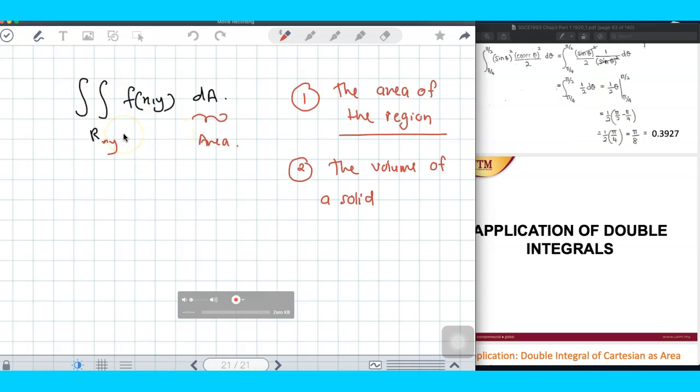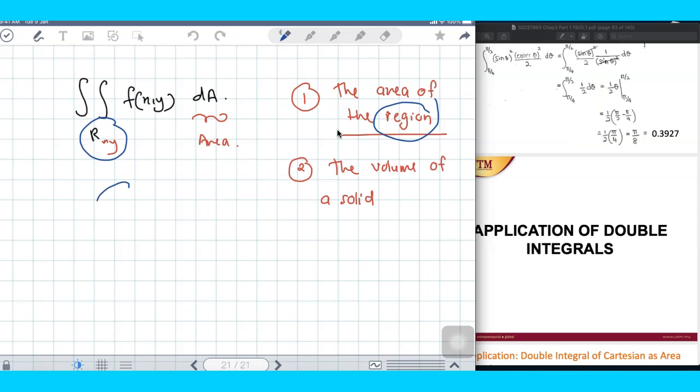When we talk about the region, so let's say your region is a circle. So you have a circular region and you want to evaluate its area without using the formula, where the formula of the area of a circle is pi r square, right?